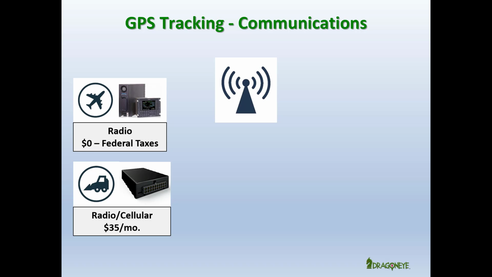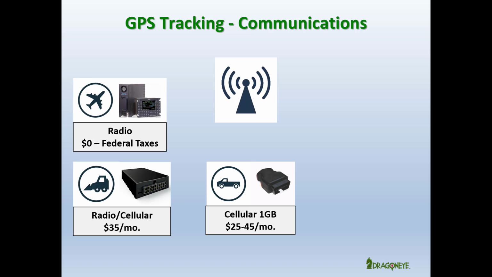In both cases, the per unit charge for the communications link will be something under $50, typically around $35 per month. Simple, stupid tracking vendors often forget to mention the communication charge until after the hardware sale.